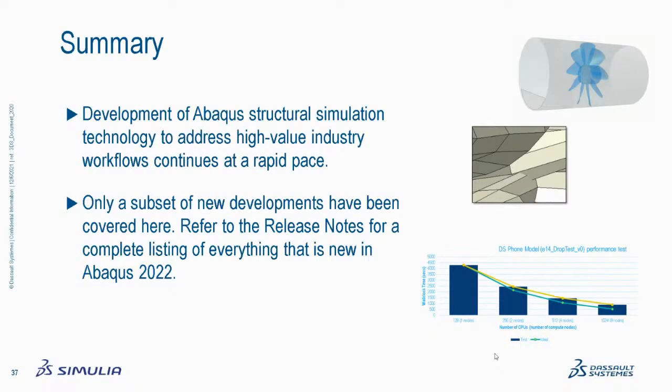Can you confirm if the CPU command in the Abaqus job now checks the CPU cores rather than the logical processors in Abaqus 2022? Yes. So I believe we addressed this in the documentation and the release notes as well.